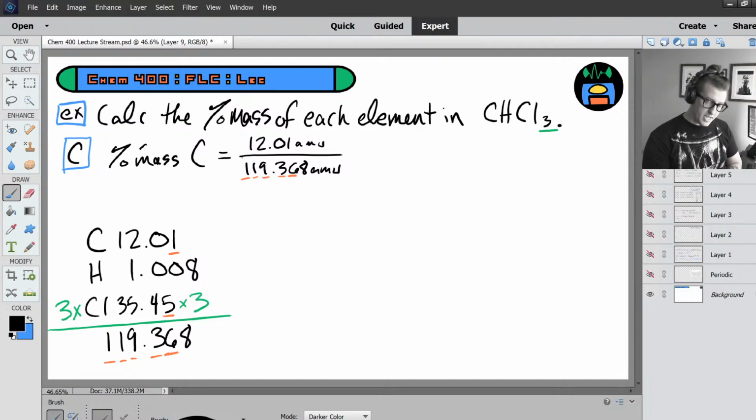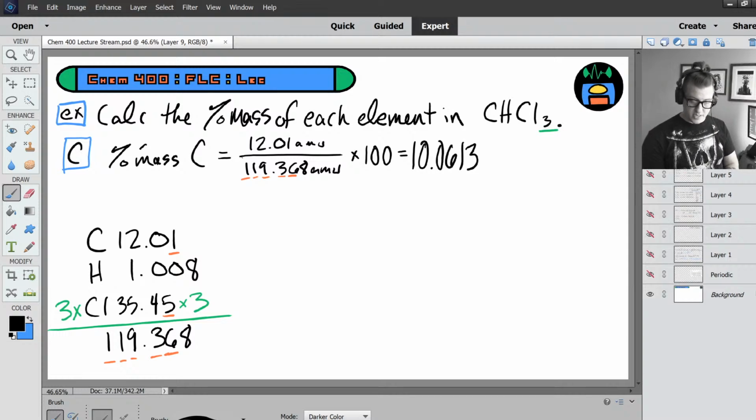Now we multiply this by 100, and this will give us our mass percent of carbon. So we have 12.01 divided by 119.368 times 100, and our answer is 10.0613.